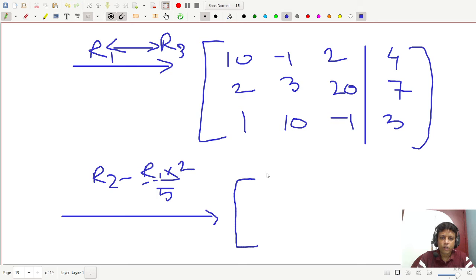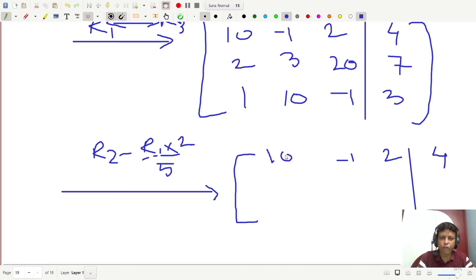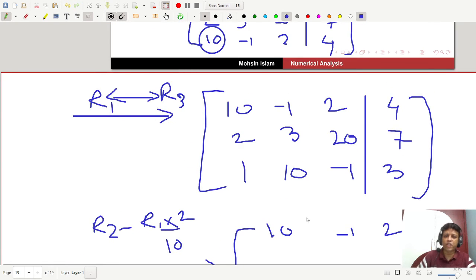And for R3, R3 minus R1 by 10. This is the usual elementary operation.